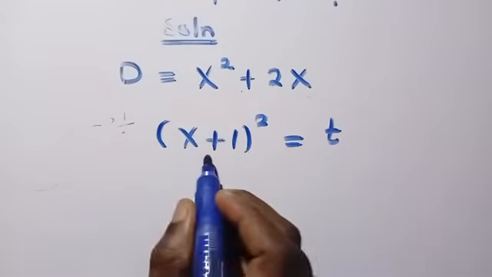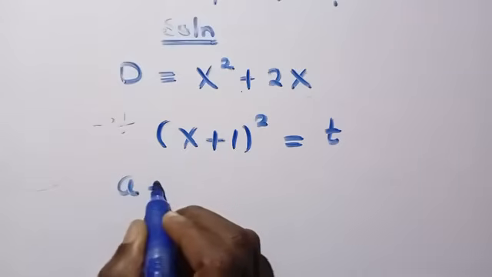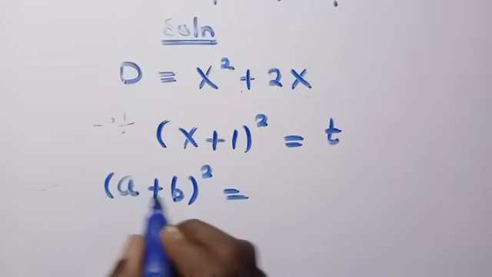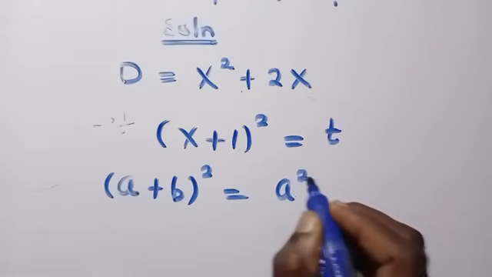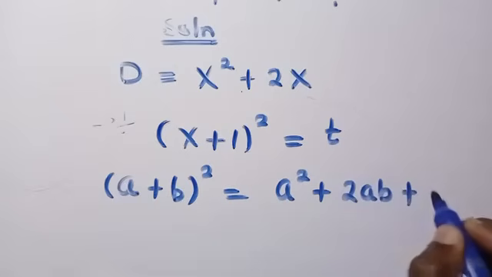By expanding x plus 1 squared, comparing it with when we have a plus b squared, this expansion gives us a squared plus 2ab plus b squared.